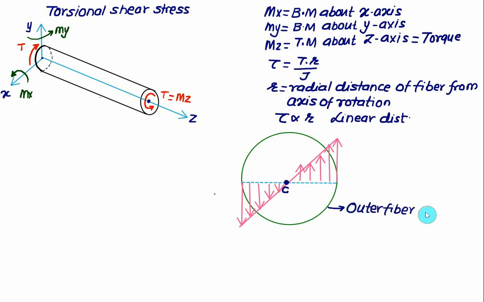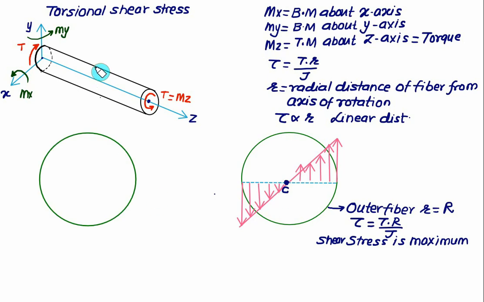For the outer fiber we have radius r equal to capital R. So if I put here capital R, I will get the maximum value of the shear stress. So on the outer fiber we have tau equal to torque multiplied by R divided by J. So on the outer fiber the shear stress is maximum and will be 0 at the axis of rotation.